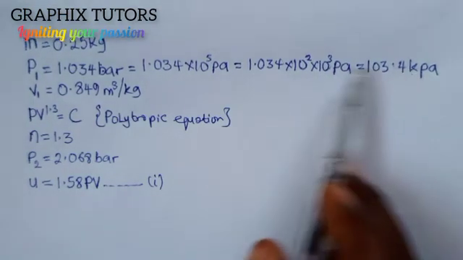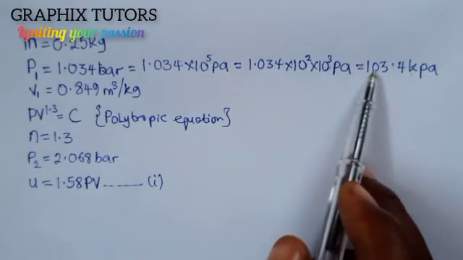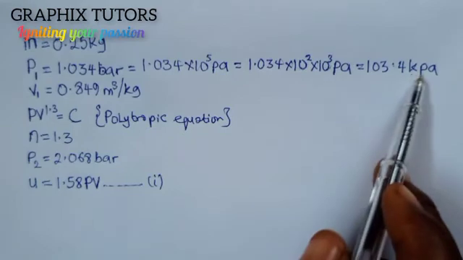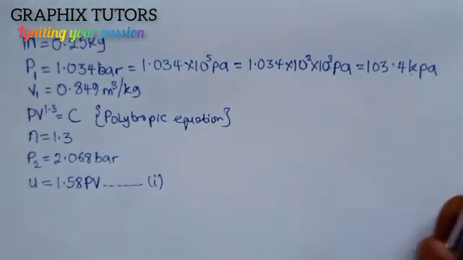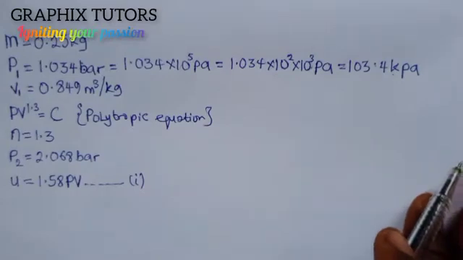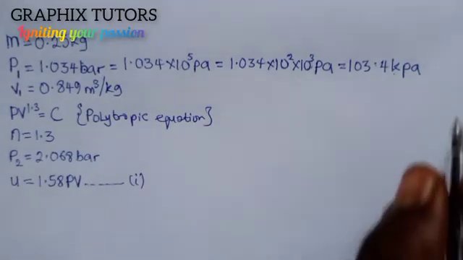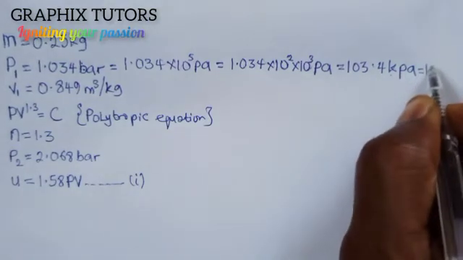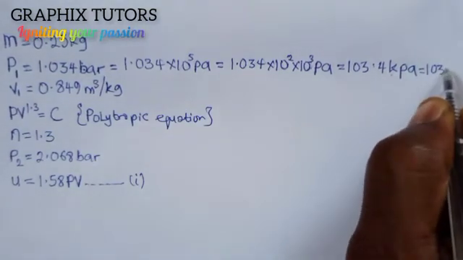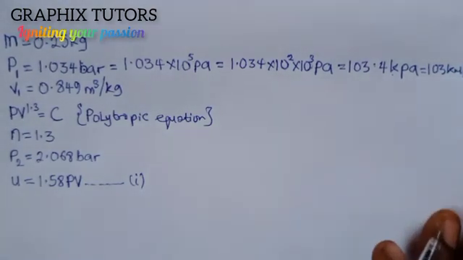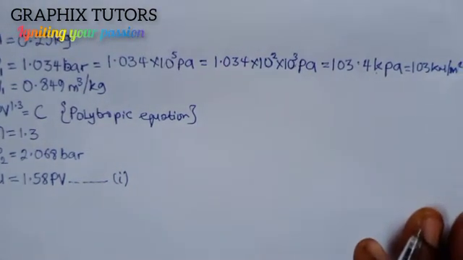Pascal, which is pressure, is measured in Newton per meter square. So I can also write this as 103.4 kilonewton per meter square.